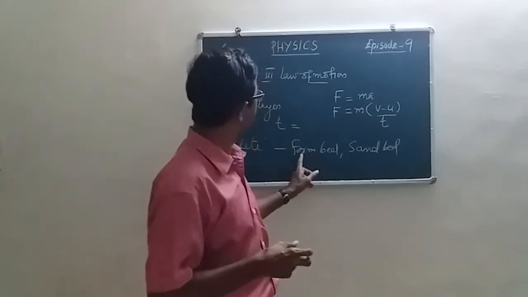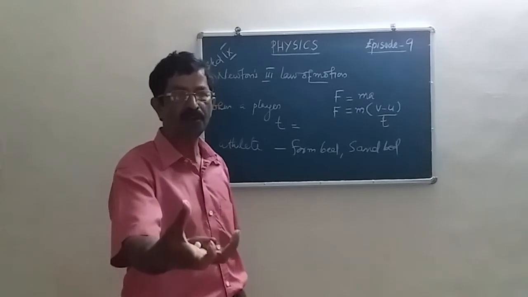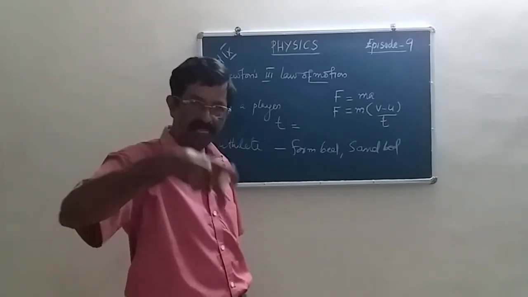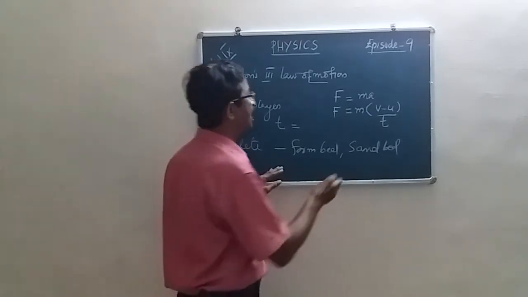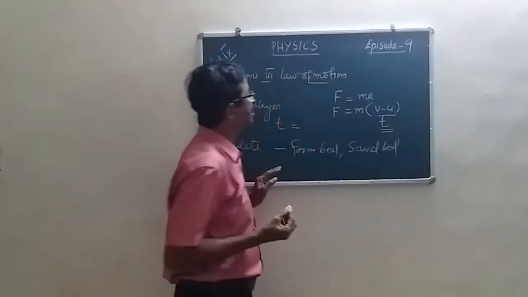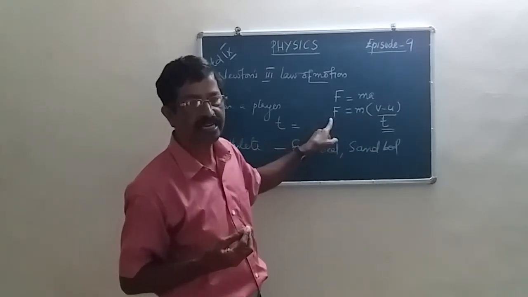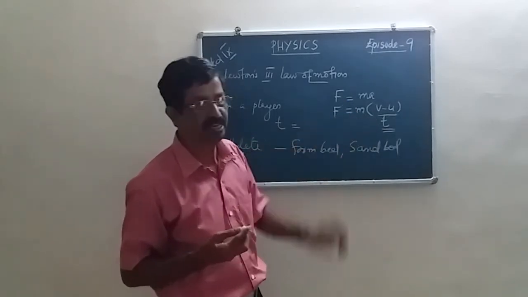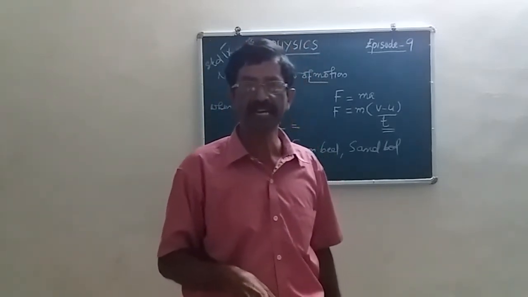When using this foam bed or sand bed, the time of falling, or time taken to come to rest, can increase. That means time is increasing. See, when the dividing quantity time increases, force can decrease. That means the rate of change of momentum, that is, the change in momentum in each second, can reduce.